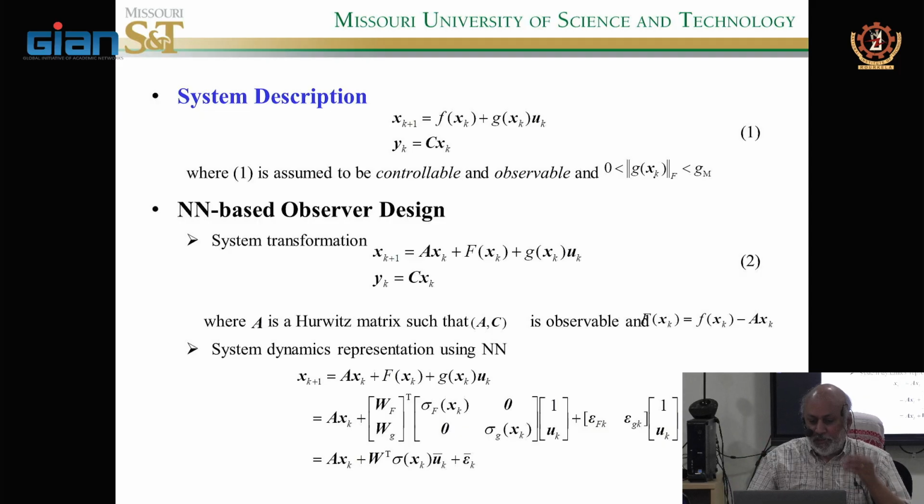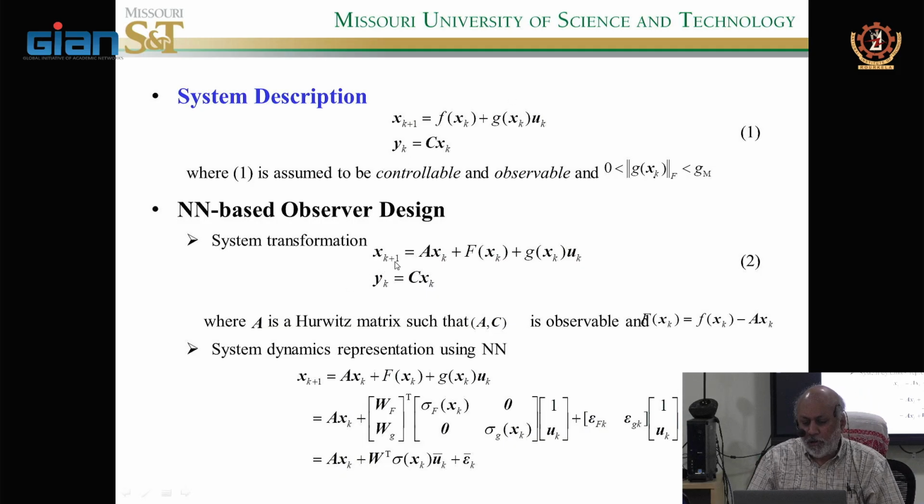So what I'm doing is, here you see that only the outputs are measurable, y of k. And so I have to assume that this system is controllable and observable. Otherwise I can't do that. And then I also need to assume the norm of this G matrix is bounded. Doesn't blow up, okay? So now the first step is to design an observer. The outputs are measured.